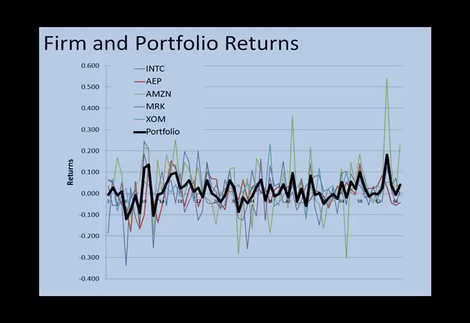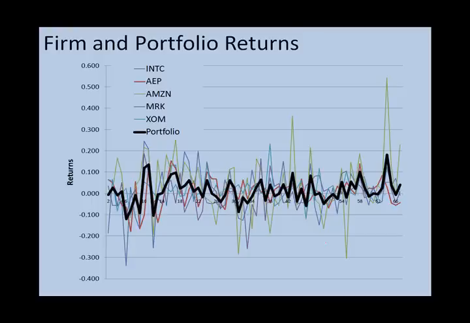on a graph. The bold black line represents the portfolio returns, while the other lines represent the returns on each individual stock. You can see the returns on each individual stock really do bounce around a lot. We have returns as large as plus 50% and as low as minus 30%.